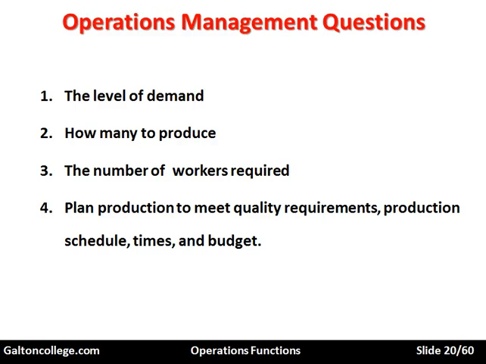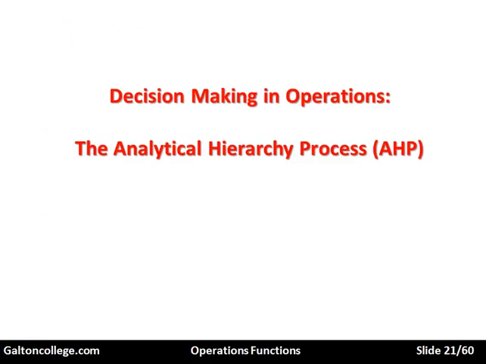Now, a lot of this is dealt with in other videos in operations management, which I highly recommend to you. But it's important to get a feeling for this one in this case, because the next move we're going to do is to try and decide on decision making within operations. How do decisions get made, and how should decisions be decided upon?